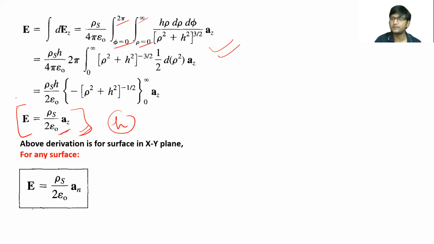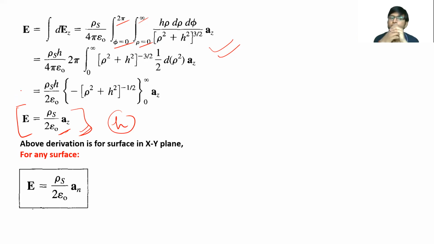What does it mean? It means that for any infinite surface over which the electric charge is distributed, at all the points in front of or behind the surface, the electric field is going to remain exactly the same. At all the points it will be exactly the same.